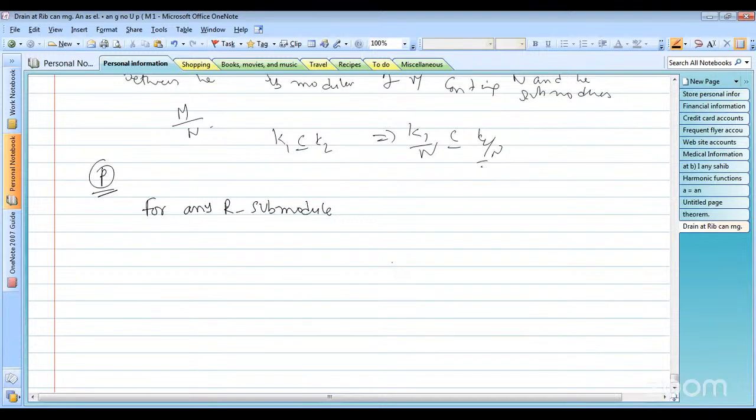For any R submodule, for any R submodule, they are containing N. Clearly K by N is a submodule.